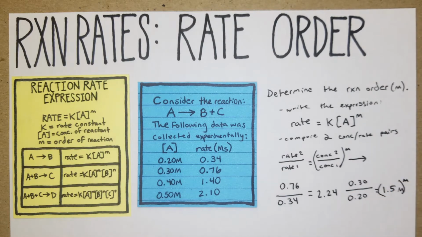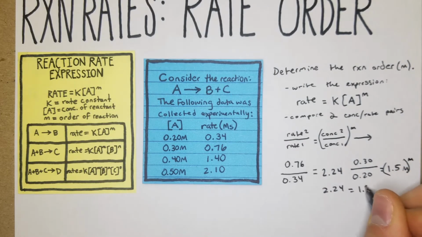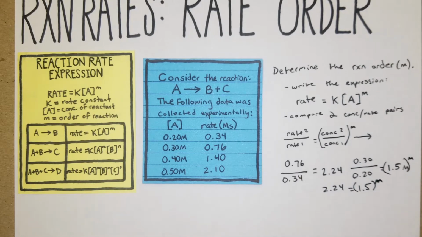Sorry, I should have written this out a little neater. 2.24 is going to equal 1.5 to the M. That's what we've just derived, and this will allow us to get our answer.